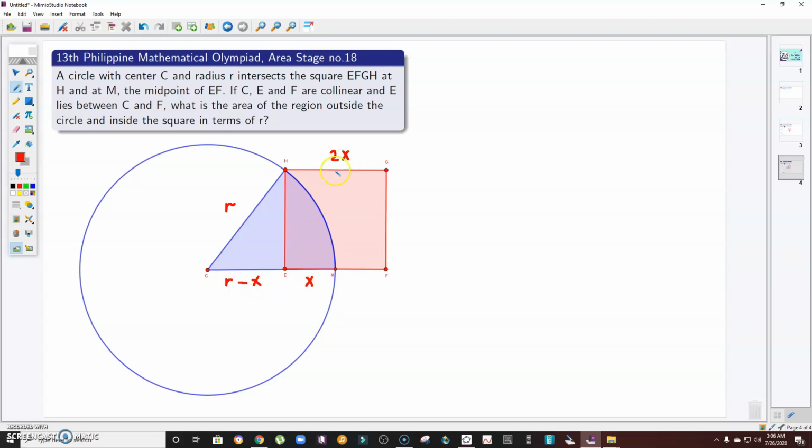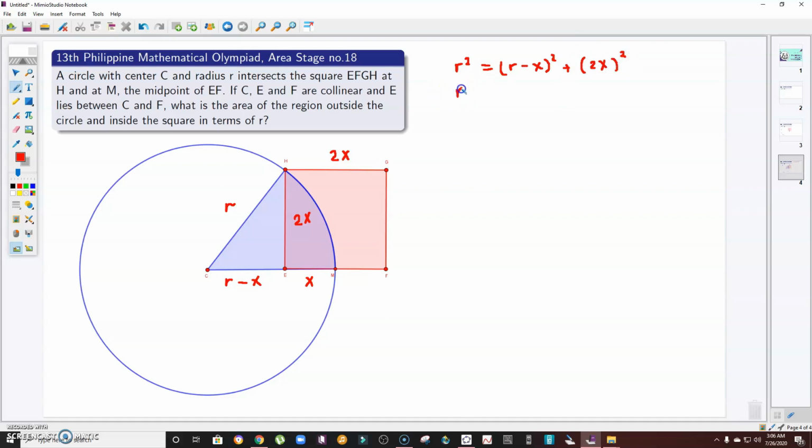In addition, if 2x is the side of the square, therefore, the side EH is also 2x. From here, we can say that the triangle CEH is a right triangle. So, by the Pythagorean theorem, I can have R squared equals (R minus x) squared plus (2x) squared.